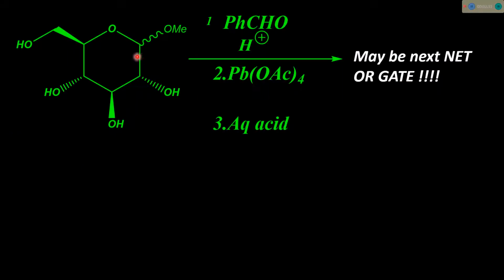So the question is this. Now we are going to discuss. This will be a very conceptual and very important question regarding the upcoming CSIR NET exam. So maybe next NET or GATE or any केमिकल साइंस रिलेटेड एग्जाम, एमएससी एंट्रेंस और आईआईटी जैम, इस टाइप का क्वेश्चन पूछने का बहुत ज़्यादा चांस है. So let's start the discussion.